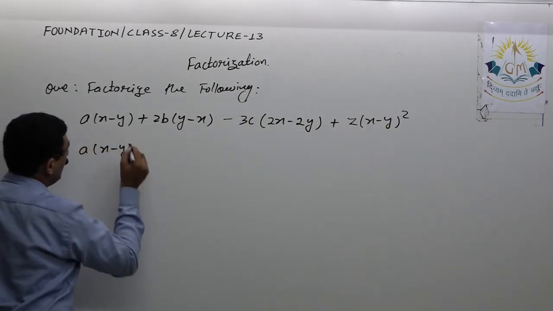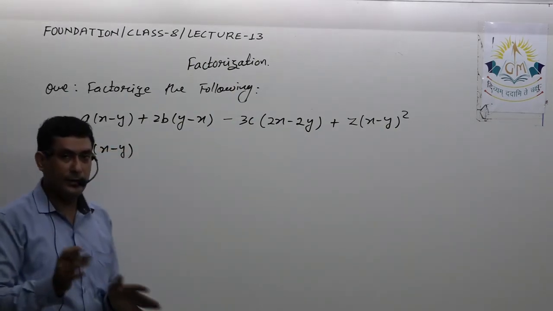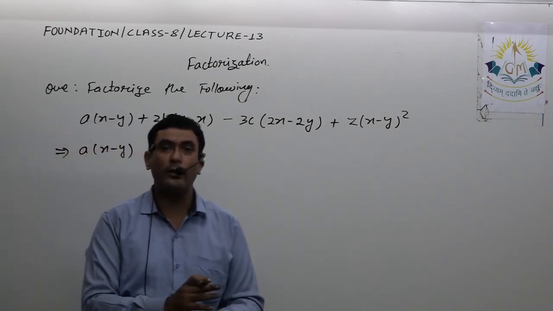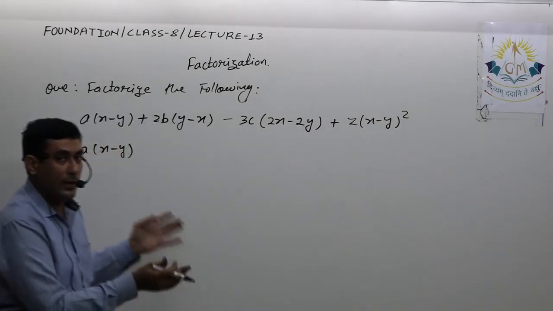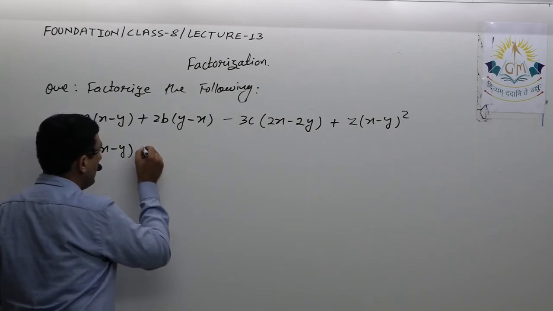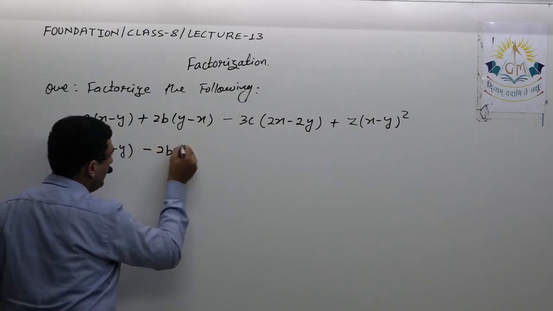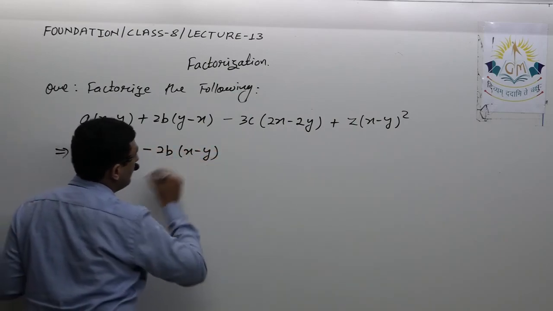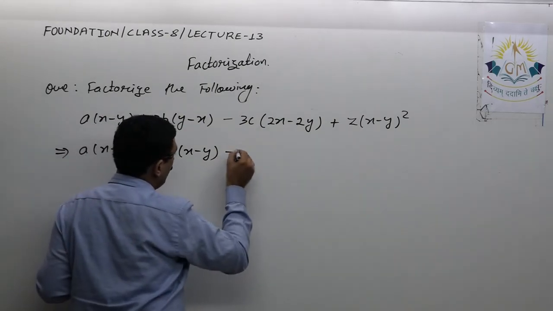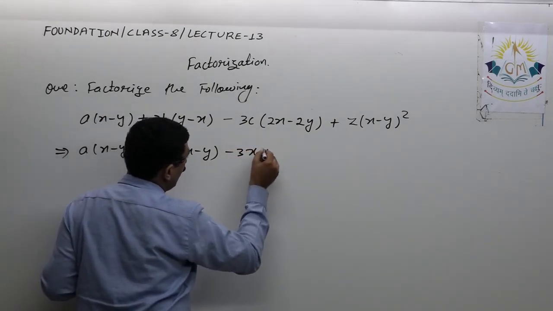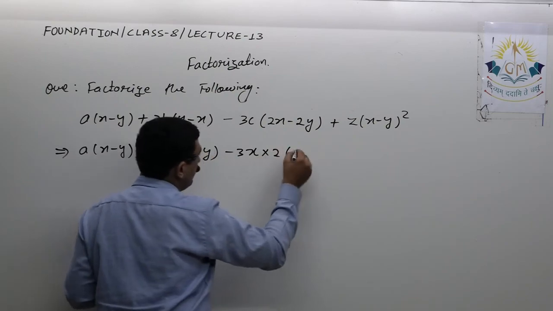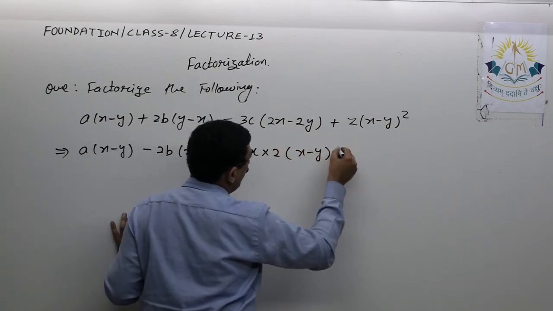First I will write the expression in which we can see x minus y directly common, and then I will take that thing common. So here I am making it minus 2b, and I write x minus y. Here it is minus 3c, and I can take 2 common to make it x minus y.